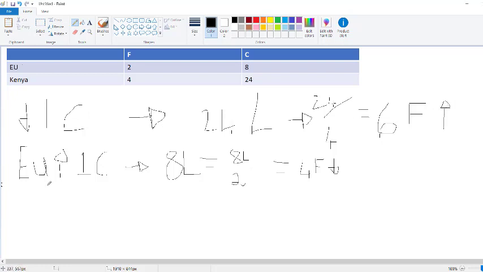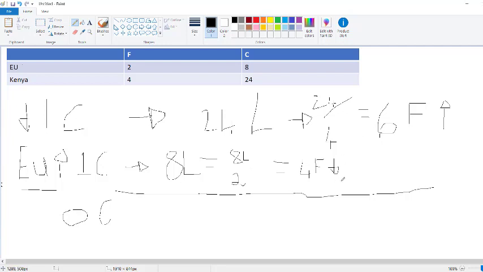What happens in total if you're looking in terms of the whole world? What happens in terms of carbon? Previously, Kenya reduced their carbon by 1, but the EU increased their carbon by 1. So in total for the world, there are no extra carbons, because the one reduction is the one increase in production for the EU.